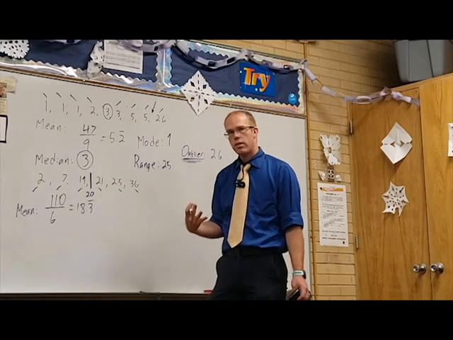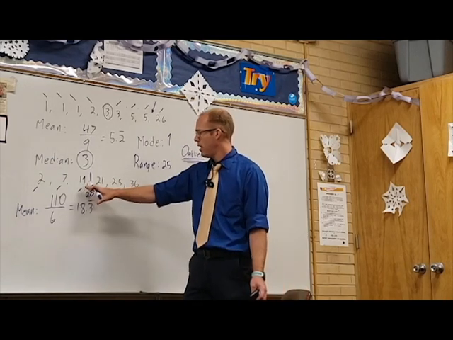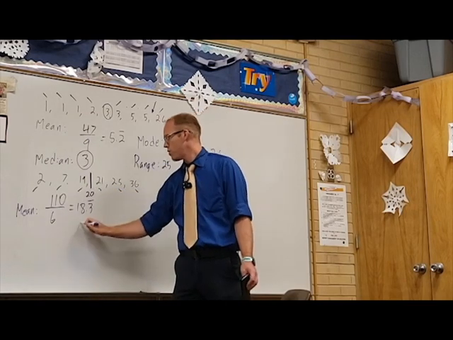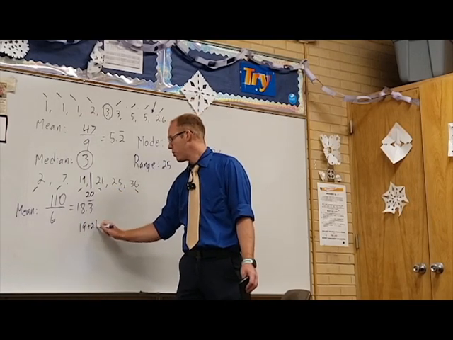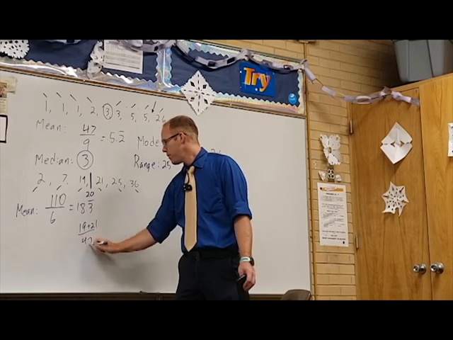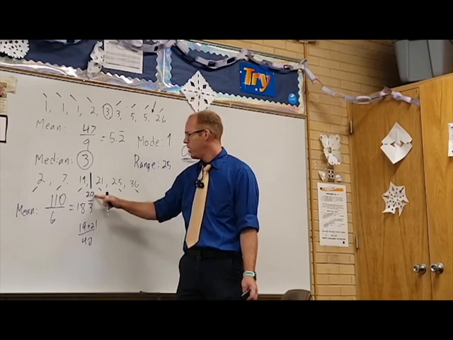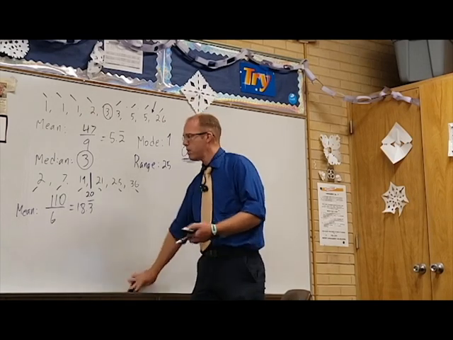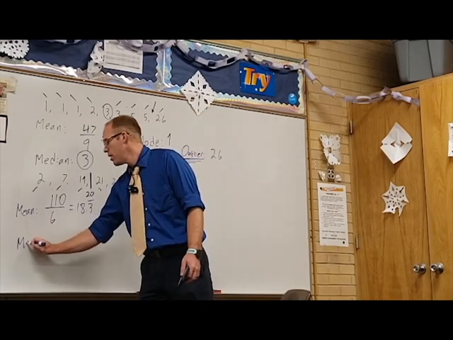If you couldn't calculate that in your head, the easiest way to get that is to add those together and divide. We're going to find the mean of those two numbers. So 19 plus 21 gives us 40, and 40 divided by 2 is 20. So our median in this case is 20.